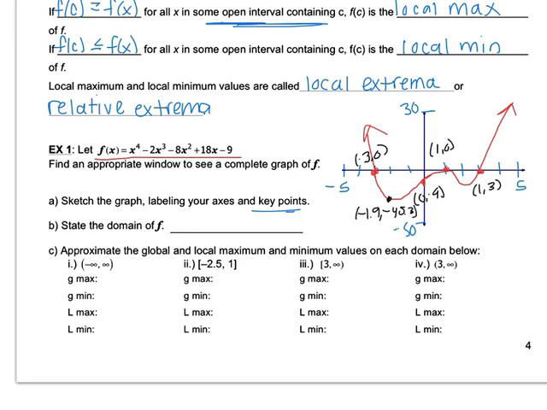And then we've got a maximum here and another min there. So take a minute to figure those out. I would pause the video, figure those out on your own, and then start playing again to make sure that you've got those correct. So this maximum right here is actually already labeled because it's our x-intercept.